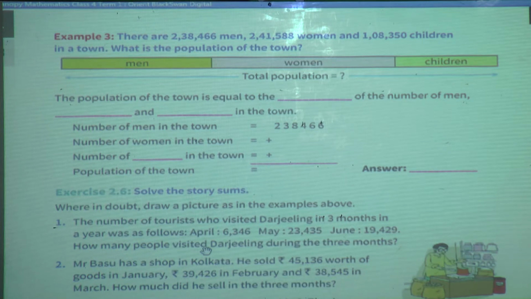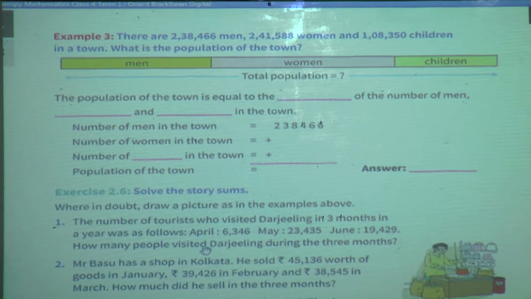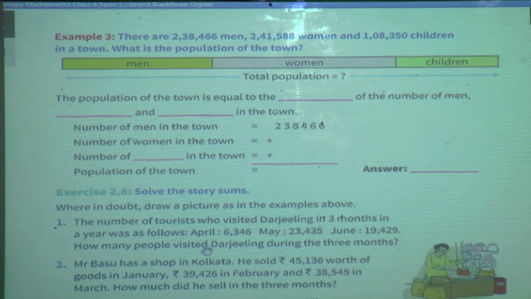When you understand the meaning of the question, only then can you solve it, isn't it? A town is a populated area with fixed boundaries and local government, and a city is a large or important town. This is the difference between town and city.